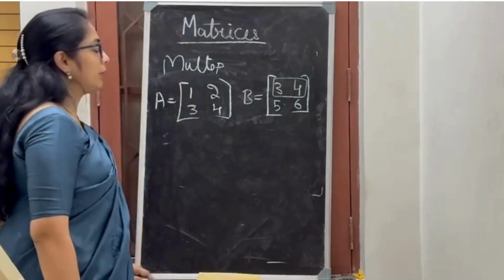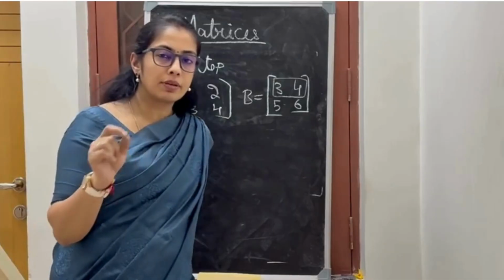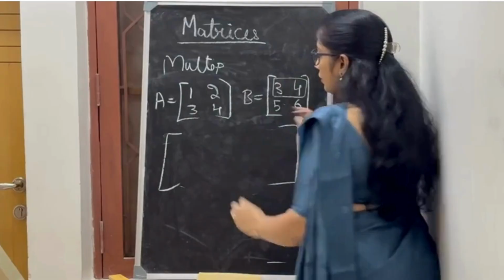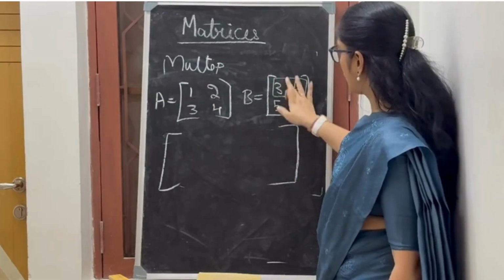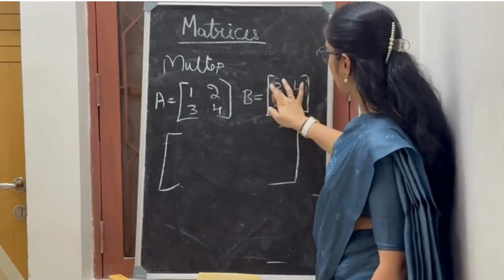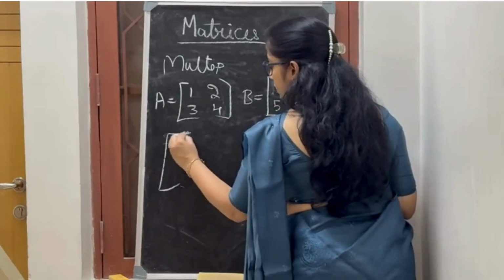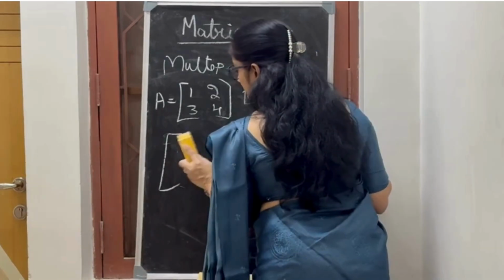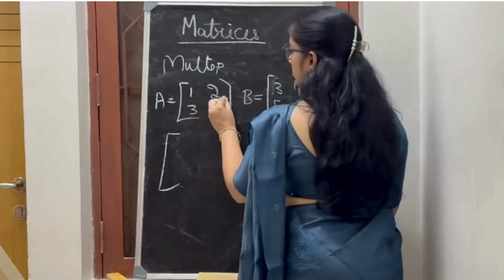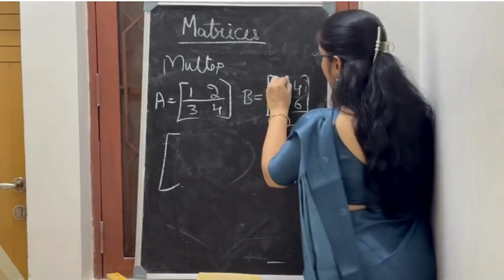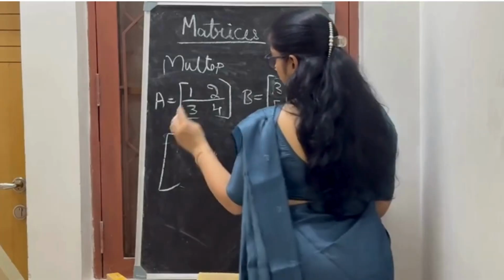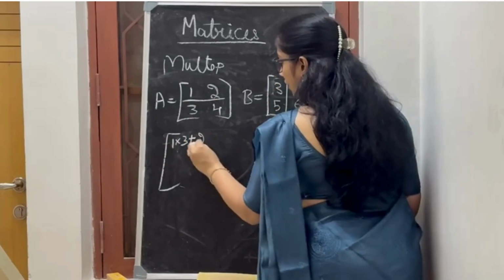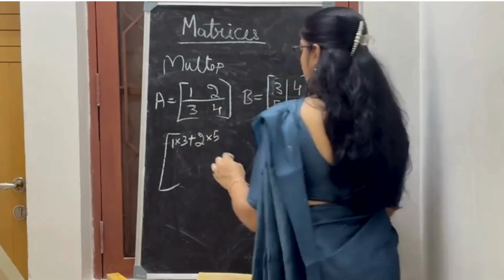Now when it comes to multiplication, please concentrate, it's a little complicated. First you will do first row, first column. Okay? How will you do it? I'll show you in a minute with numbers. This is my first row, 1 and 2. I will do it with my first column, 3 and 5. 1 into 3 plus 2 into 5. Okay, understood?